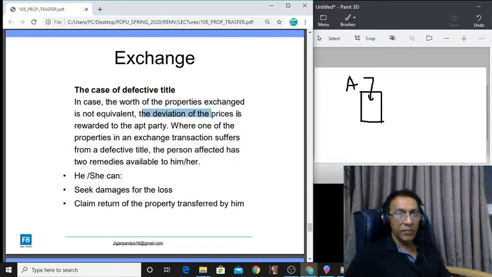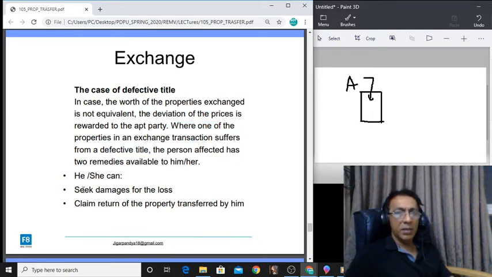The deviation of the prices is rewarded to the apt party. So one thing that the court of law can do is, if the two properties are not equal in value, at least the court can ask the other person to pay the balance amount, or the amount which is higher, for which this exchange had happened.